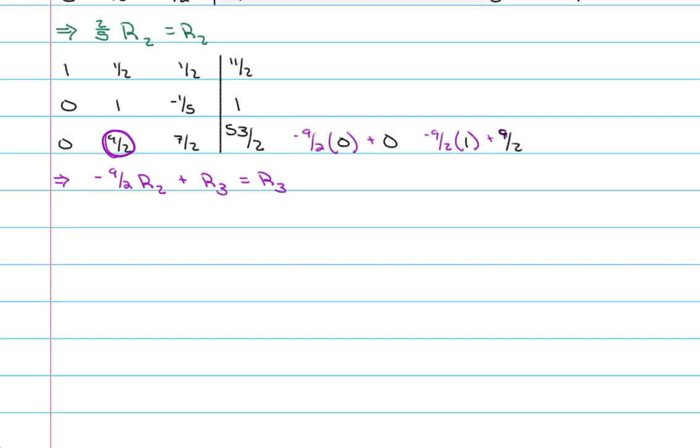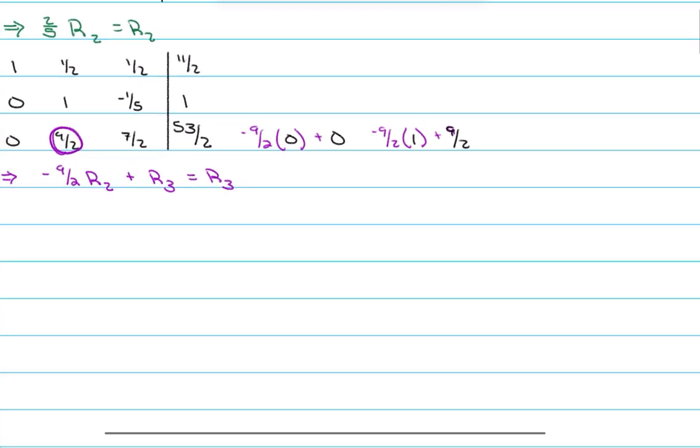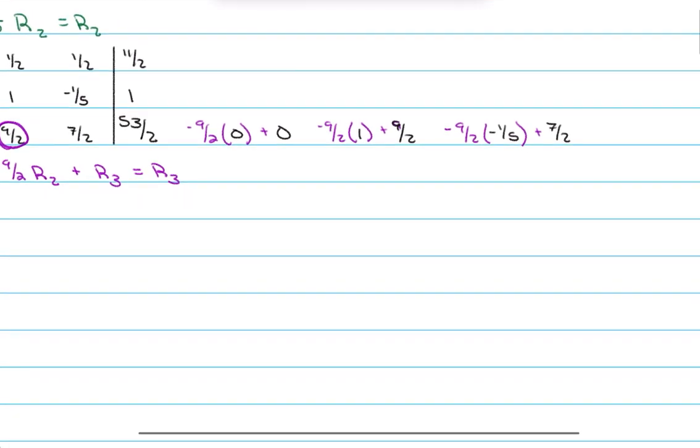Then we will have negative 9/2 times negative 1/5 plus 7/2. And lastly, we will have negative 9/2 times 1 plus 53/2. Okay, that's my arithmetic for my third row.